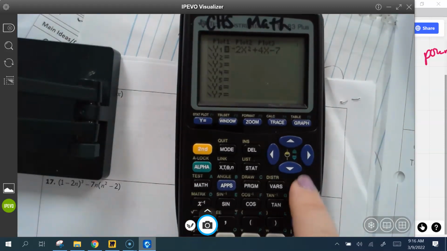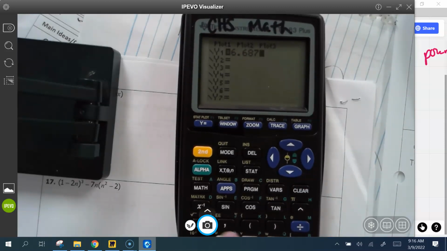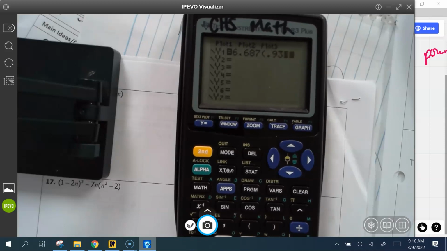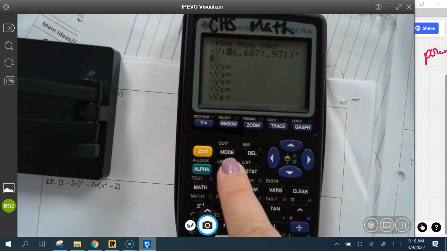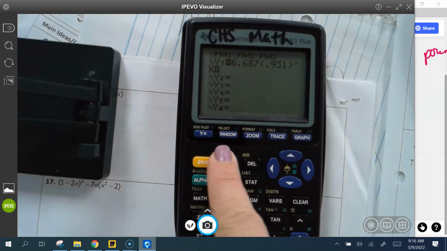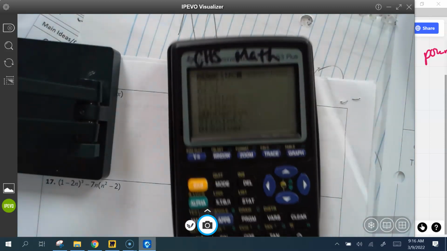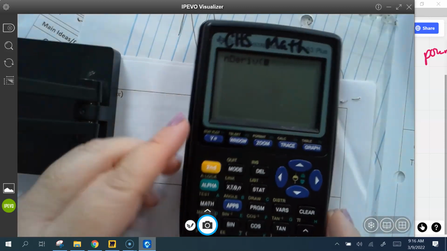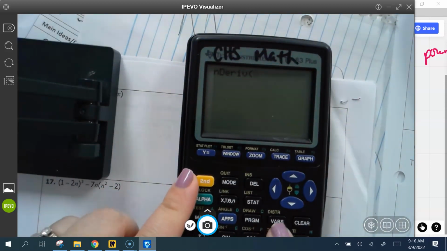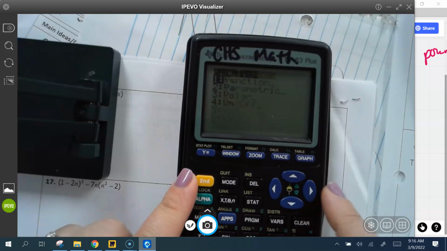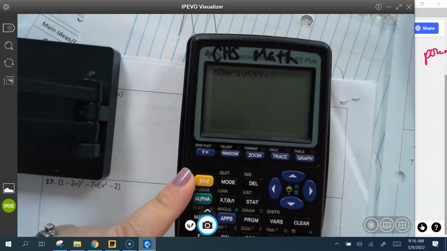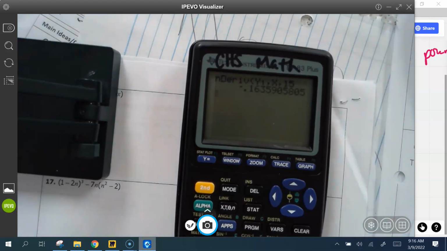So I went to y equals, and I input 6.687 times 0.931 raised to the x. Then math 8, you put the function, variables, y variables 1, with respect to x at the value 15.